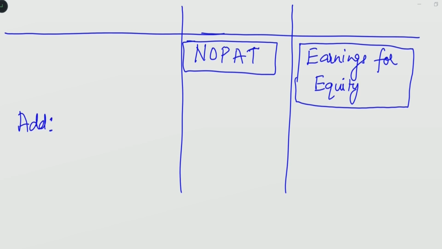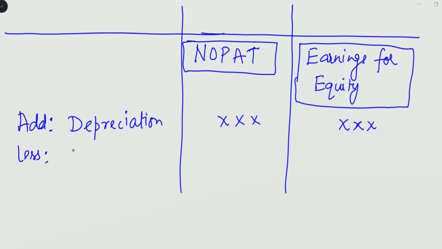Adjustments will be: add depreciation. I'm adding depreciation over here as well as here. Then I'm subtracting additional capex, that is additional capital expenditure, that I'm subtracting from both.